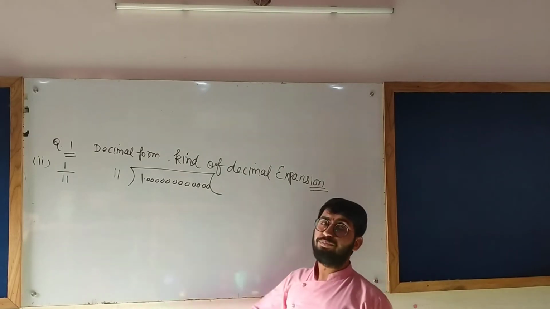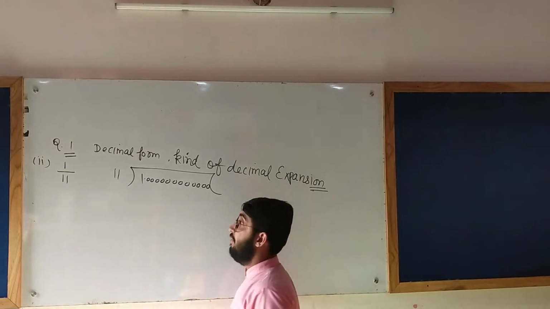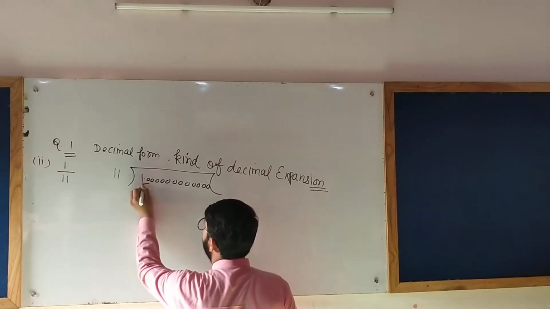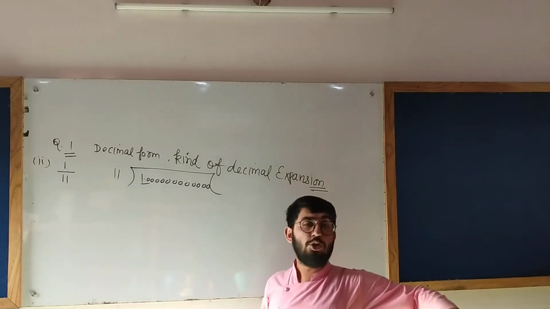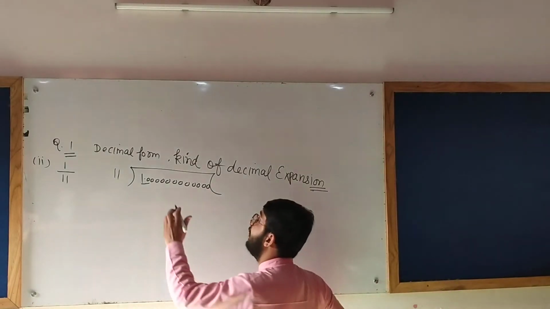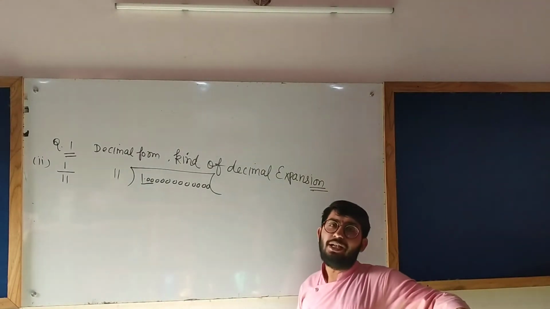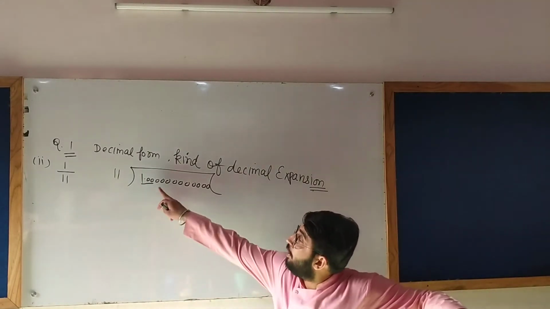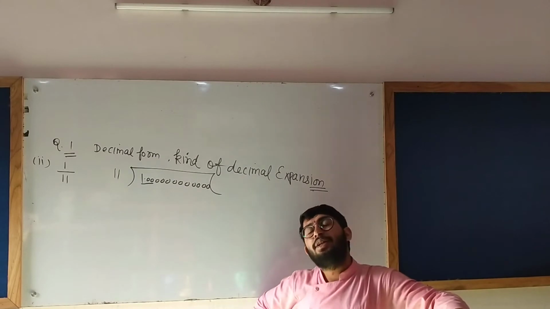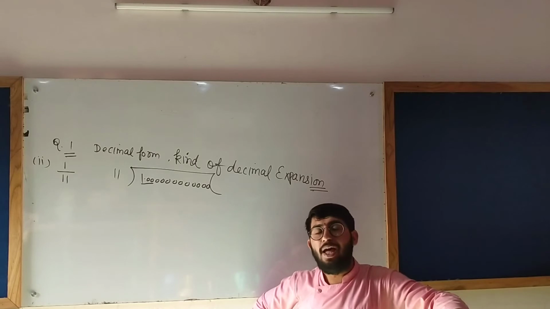Okay. Now in the table of 11, 1 doesn't come. If I take 1 zero after the digit, it will be 10. But 10 is also smaller than 11. 10 doesn't come in the table of 11. So I'll have to take 2 zeros after the decimal. Now it will be 100. Now in the table of 11, 100 comes. 11 nines are 99.